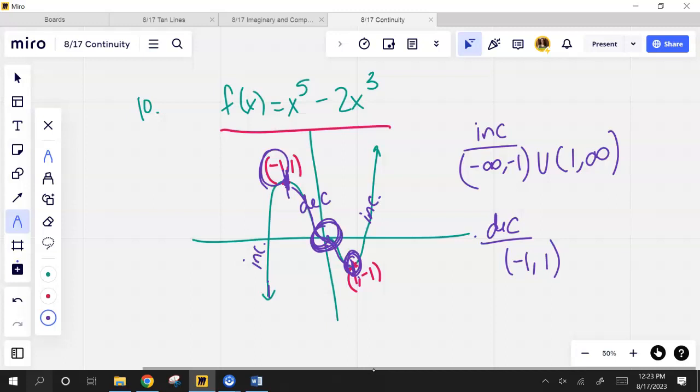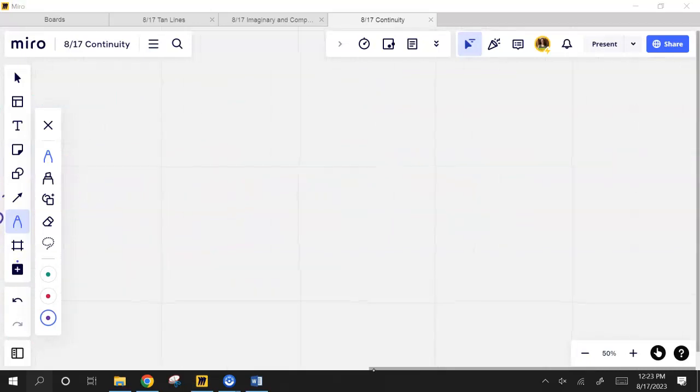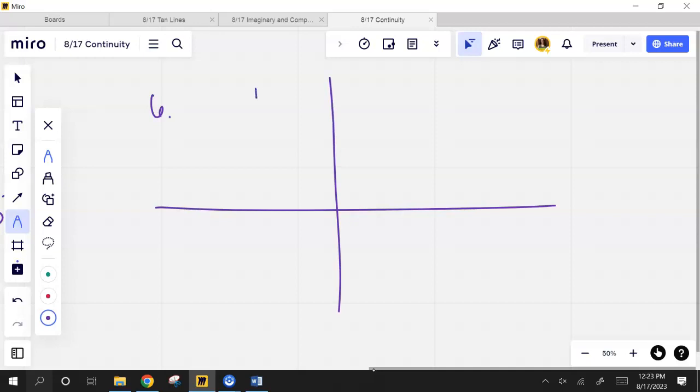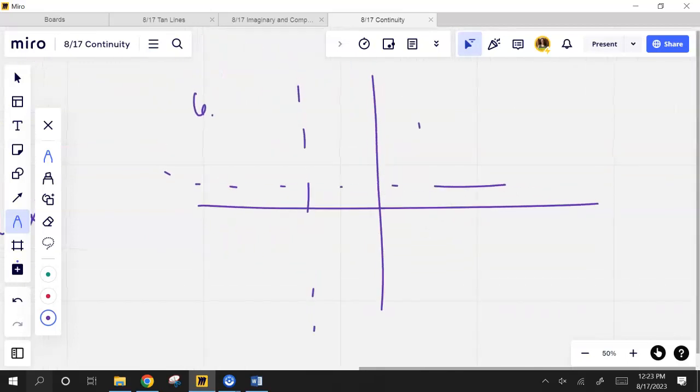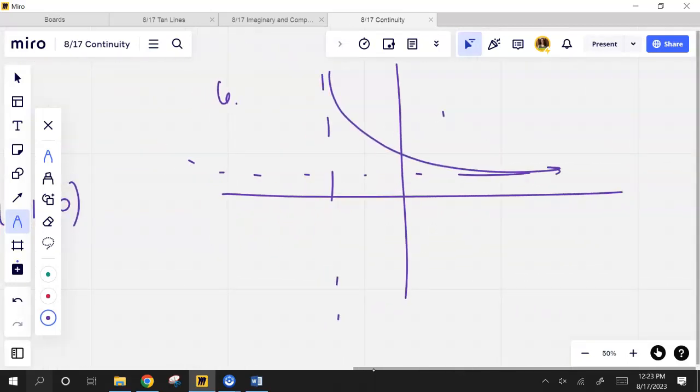Number 6 looks something like this. I'm just putting the asymptotes on here to help me draw it. What am I doing left to right? Do I have any maxes or mins? No, right?